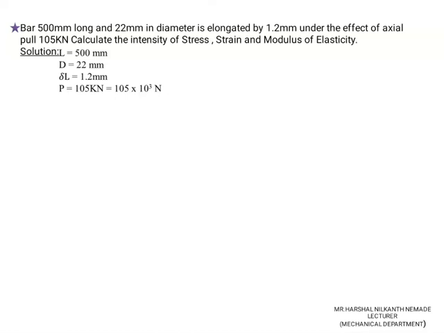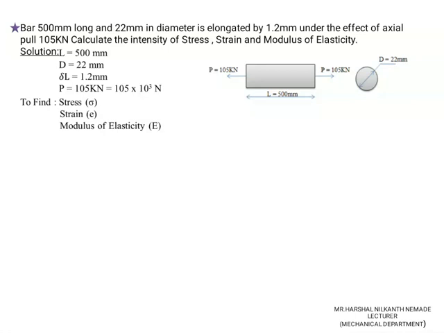Change in length, elongated they have said, so delta L is 1.2 mm. Axial pull they have said, so P is 105 kN, which I will convert to Newton by multiplying by 10 to the 3. They told us to find stress, strain and modulus of elasticity. This will be the figure.